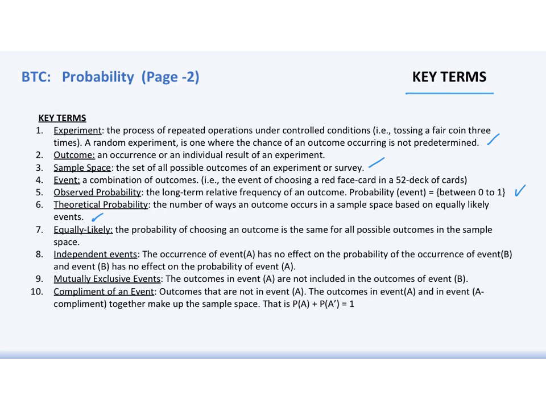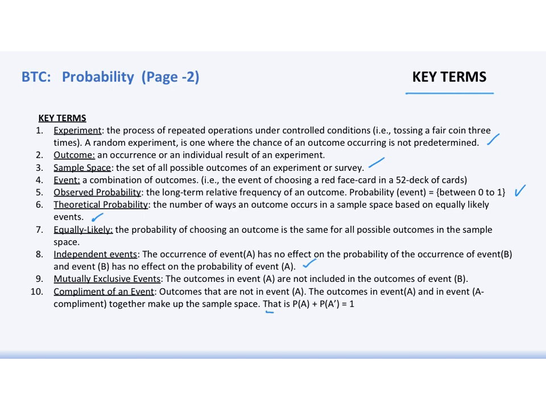The term independent events: that is, the occurrence of event A has no effect on the probability of the occurrence of event B. And likewise, event B has no effect on the probability of event A. Mutually exclusive events: the outcomes of event A are not included in the outcomes of event B. And finally, the idea of a complement of an event: outcomes that are not in event A. The outcomes in event A and in event A complement together make up the sample space.